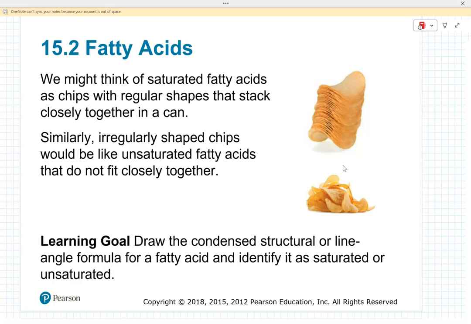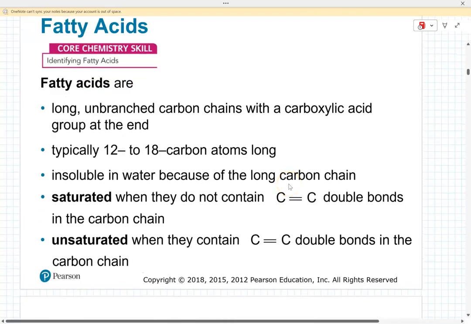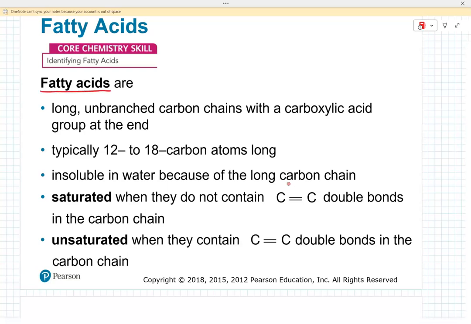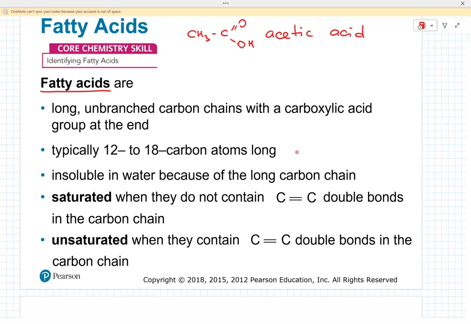Two big groups of fatty acids are saturated and unsaturated fatty acids, and we're going to chat why this is important. So, first of all, look at the definition. What is a fatty acid? It is a carboxylic acid. So, this is a carboxylic acid. Do you agree with me? It's acetic acid.